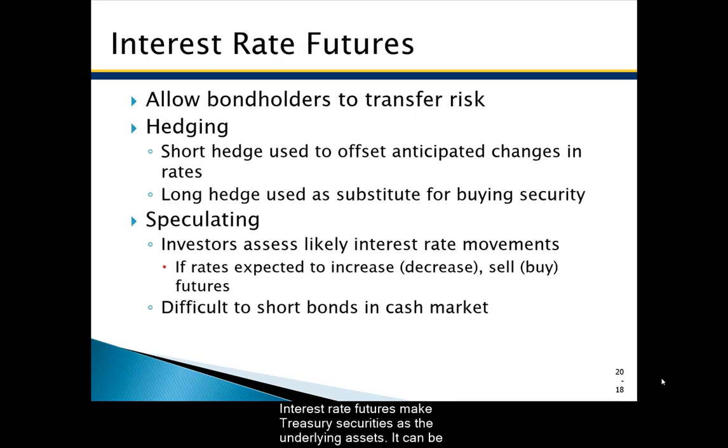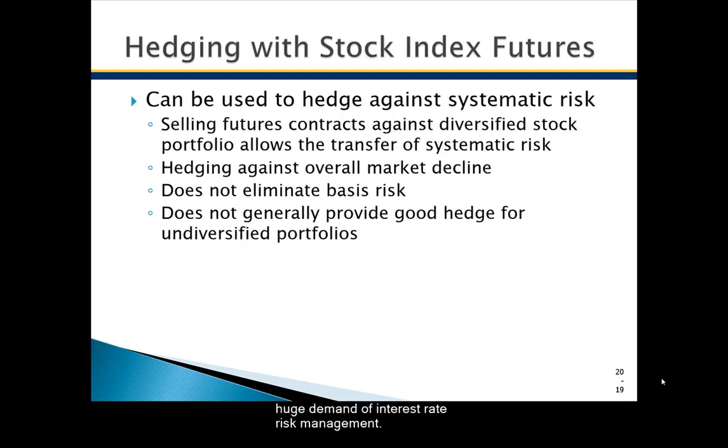Interest rate futures make Treasury securities the underlying assets. They can be used to manage interest rate risk for U.S. large corporations or financial institutions. The interest rate futures contracts are the most popular futures contracts on the market due to huge demand for interest rate risk management. Stock index futures offer a great tool for fund managers to manage equity market risk.